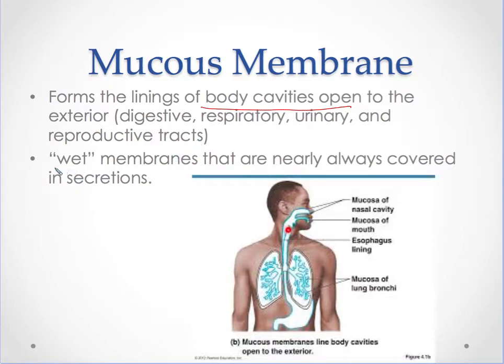These are considered wet membranes that are nearly always covered in secretions. That secretion is actually mucus, but it lubricates them and keeps them from drying out, which is important. But this is a diagram showing you your respiratory tract, along with a little bit of your digestive system as well, lined by that mucous membrane.